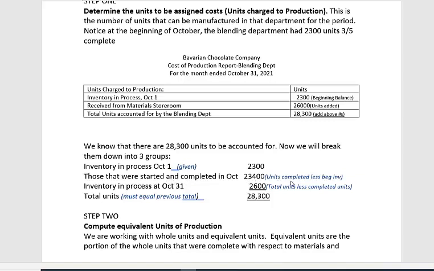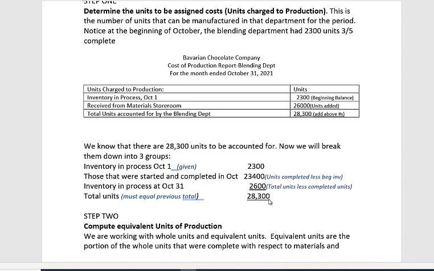So just to review, to figure out the number of units started and completed, take the units completed and transferred out and subtract the beginning inventory. To get the inventory in process on October 31st, take the total units that you're accounting for and then subtract the completed units, the 25,700.